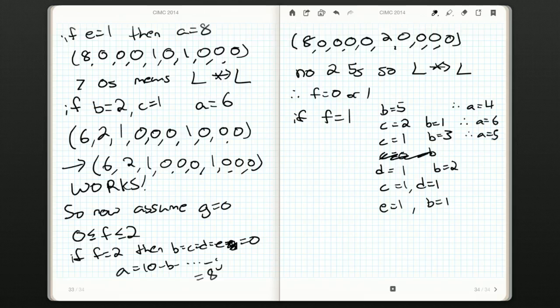A equals 5. So we need a 5. Oh, that's not even 1. A equals 6. A equals 7. And A equals 7.